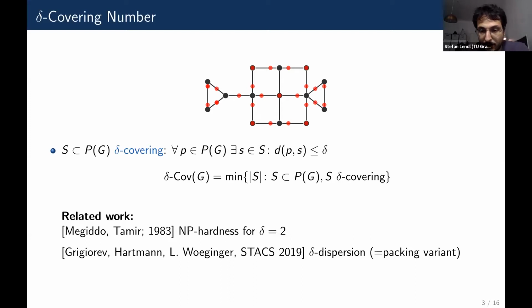A related problem, the problem of delta dispersion, is basically the packing variant, where you want to have at least a certain distance between two points. It was analyzed by Grigoriev, Hartmann, Wöginger, and myself last year, and there we proved different complexity results. But now in this paper, we analyzed this covering number.